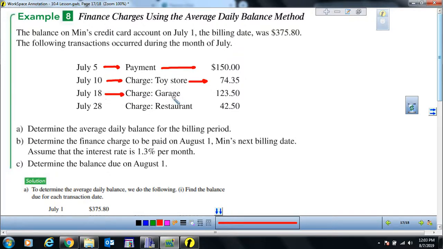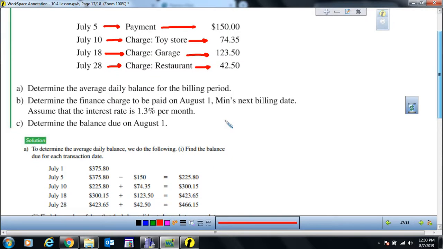On July 18th, Means made another charge, related to the garage, of $123.50. And on July 28th, Means used it at a restaurant and charged $42.50. Determine the average daily balance for the billing period.